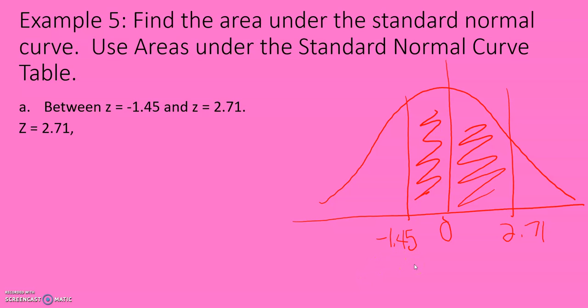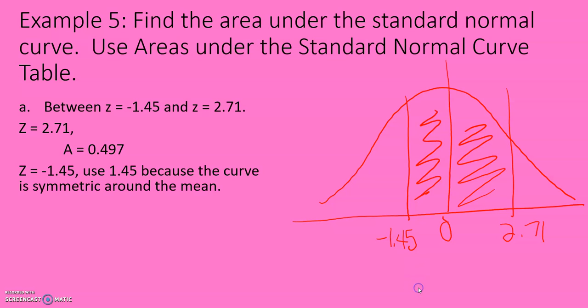Z equal to 2.71 gives the A value of 0.497. Z equals negative 1.45. Use 1.45 on the table because the curve is symmetric around the mean. And we find that A equals 0.426.